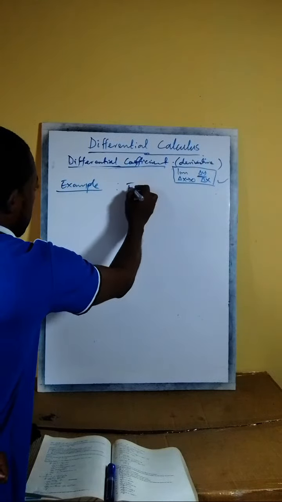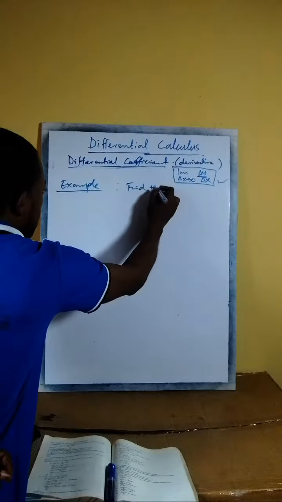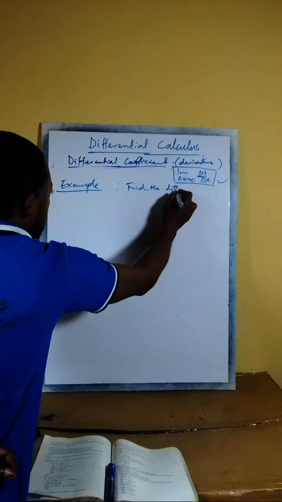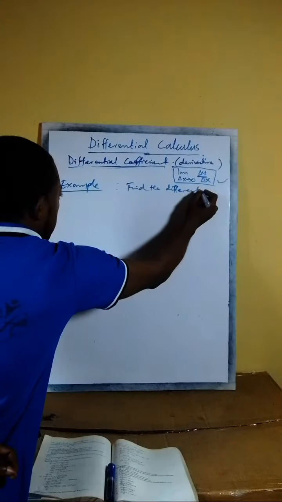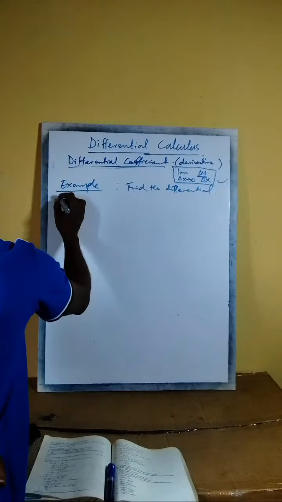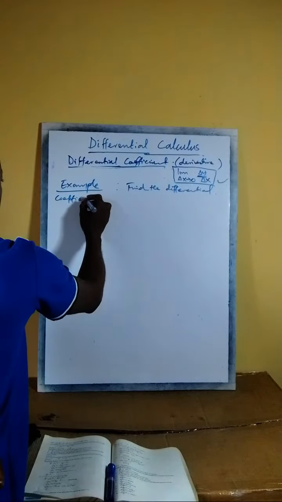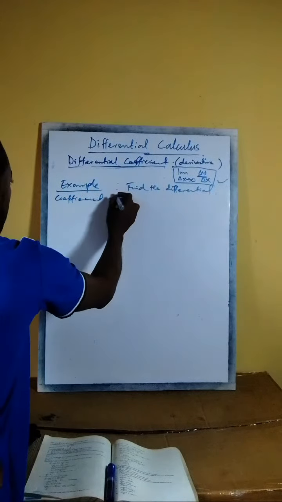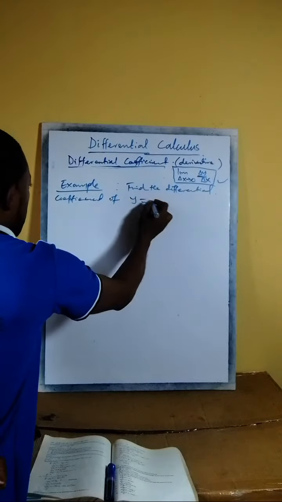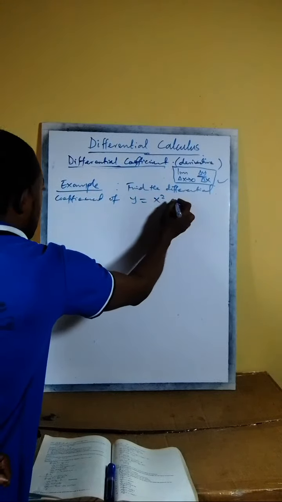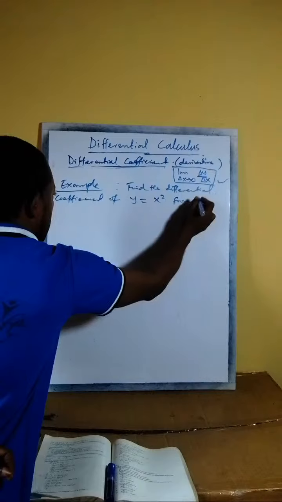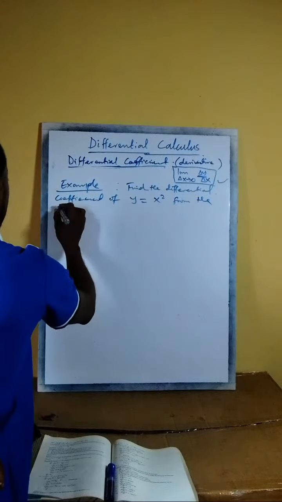So find the differential coefficient of y equals x squared from the first principle.